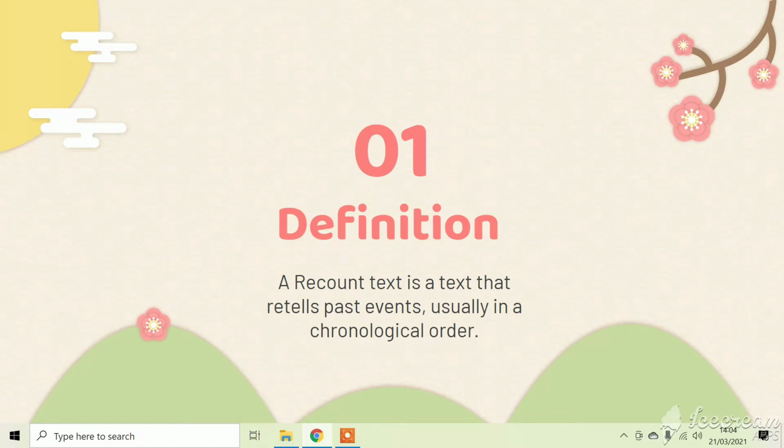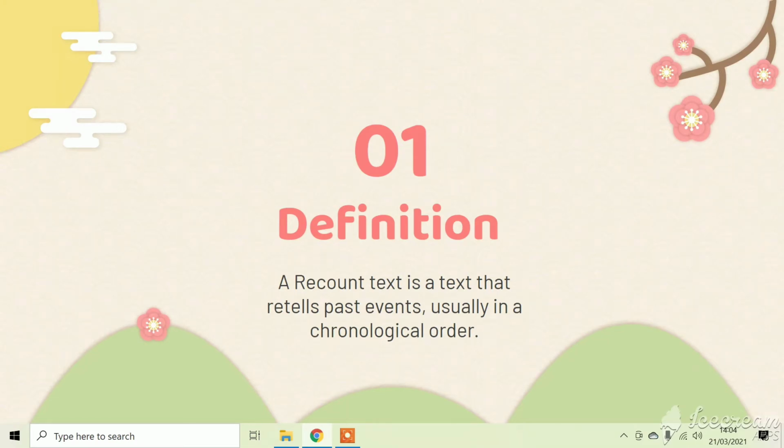When we talk about historical recount text, this kind of text tells about history that happened, of course, in the past. So that's why we call it historical recount text.